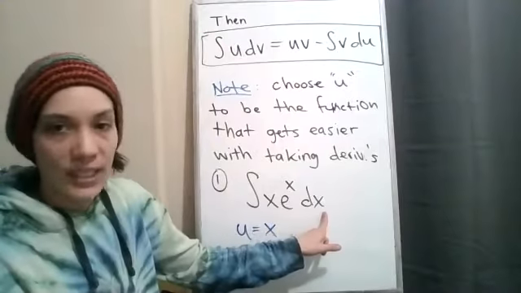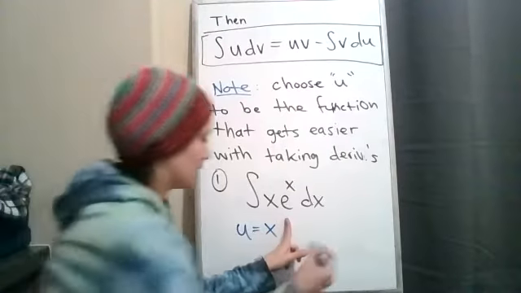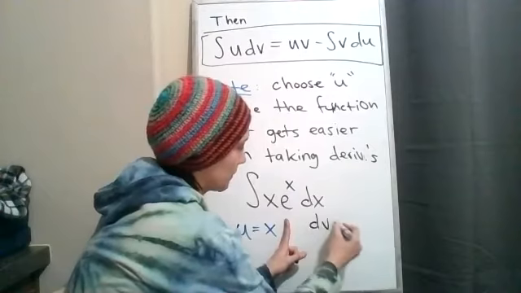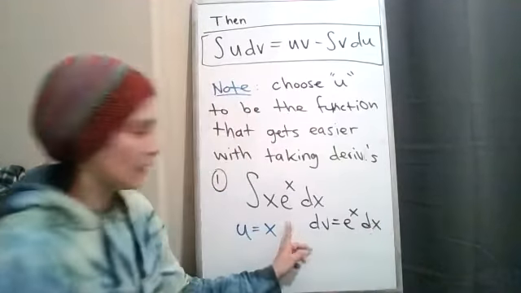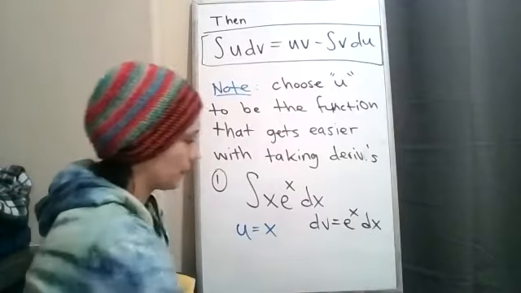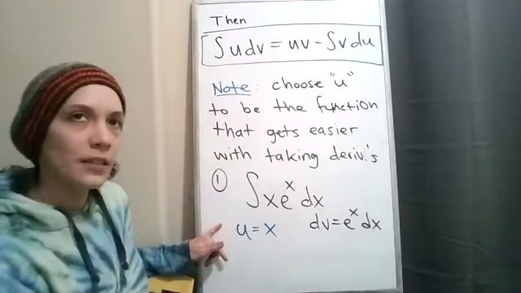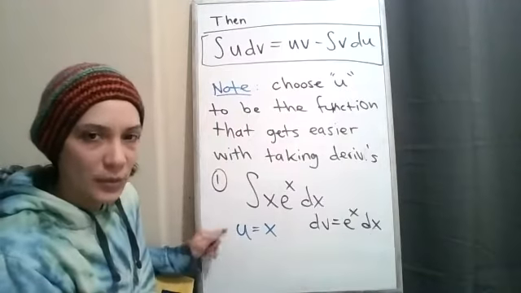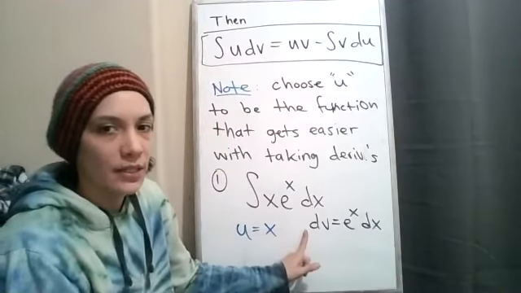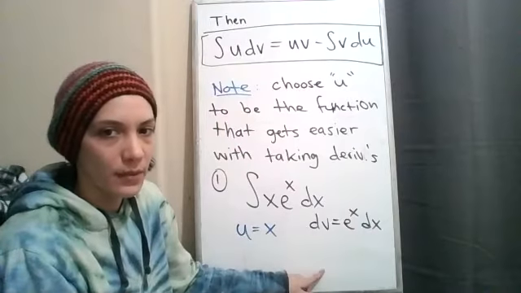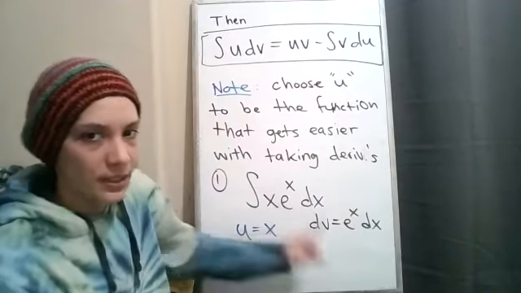And dv will equal e to the x dx. Okay, so it needs a little practice where you remember to take derivatives of u and then integrate dv to get v. So this side take a derivative, this side do an integral.